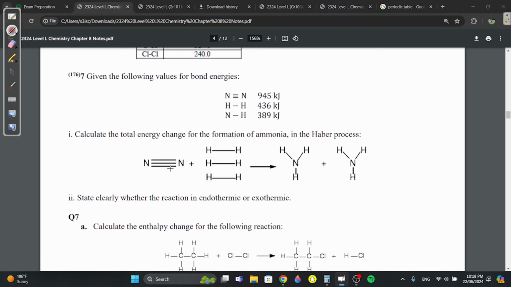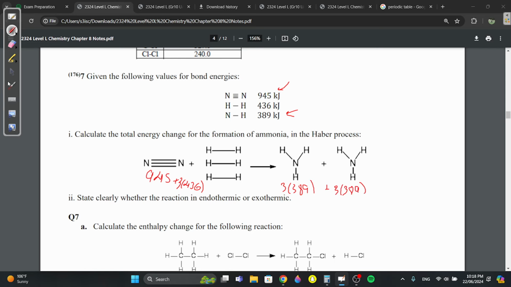Okay, same thing. The NN triple bond is 945. Then you have 3 HH bonds, so 3 times 436. Here you have 3 NH bonds, so 3 times 389, plus again 3 times 389.